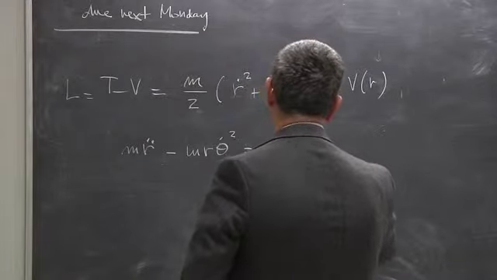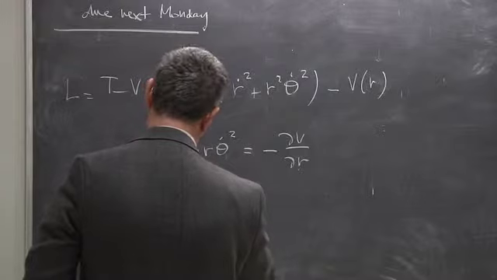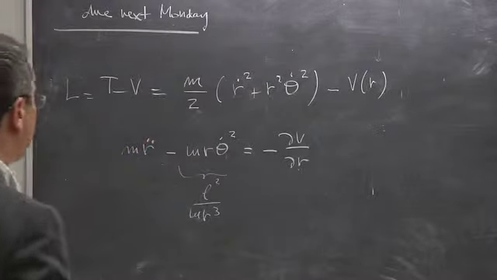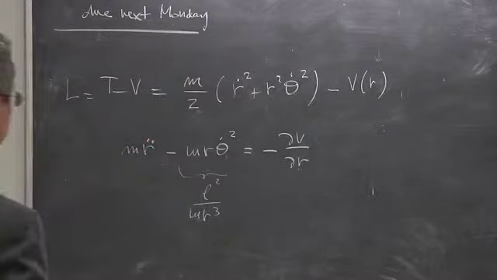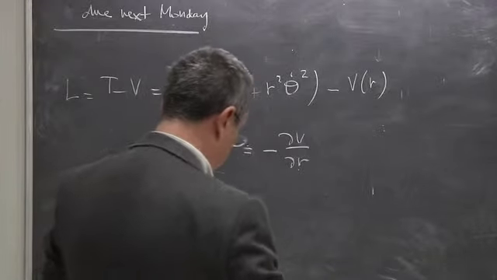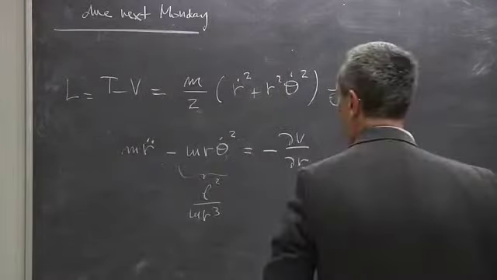And if I use my second equation, that is just the conservation of the angular momentum, I can always rewrite this as L squared over m r cubed now.